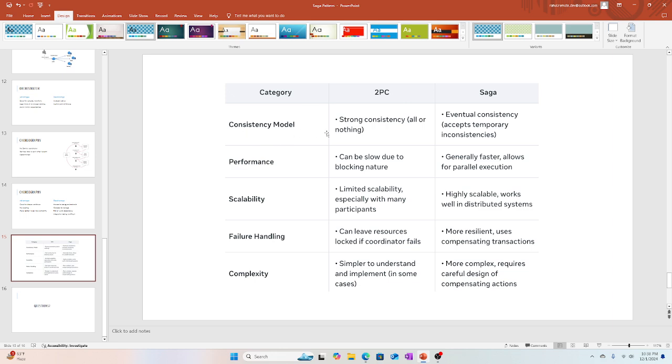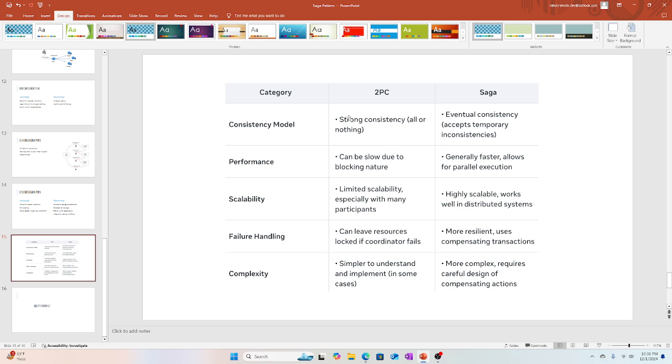The consistency model in 2PC is very strong. The reason for having strong consistency in 2PC is that 2PC locks all the microservices that come under a single transaction.